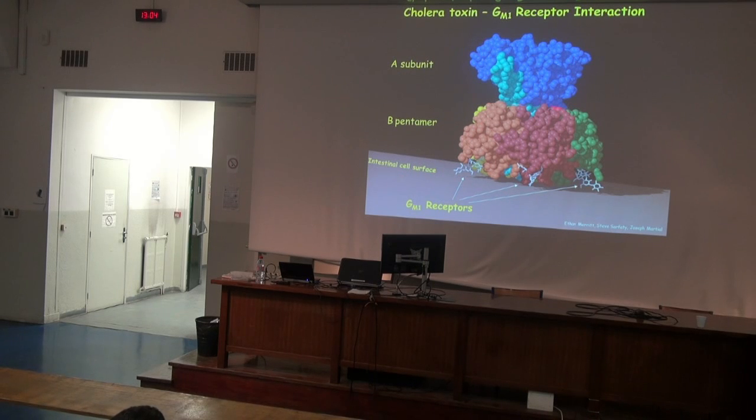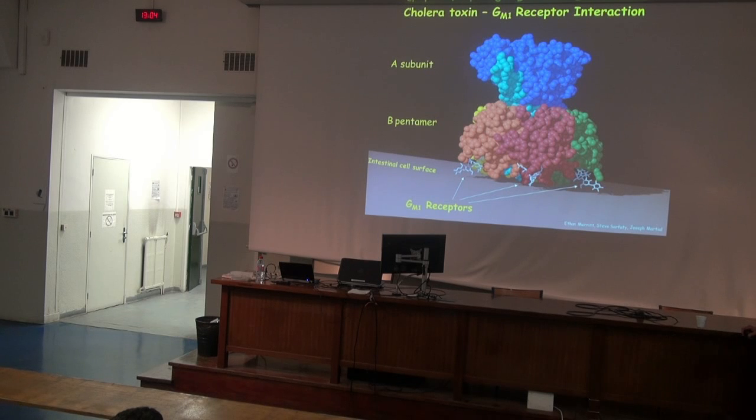In bluish, you see the A subunit. Here in these colors is the B pentamer. And in white are the head groups of the sugars, of the glycolipids. So the sugar head groups of the glycolipids which are attached to the membrane or are embedded in the membrane. So this is the very first contact between the toxin and the epithelial cell.